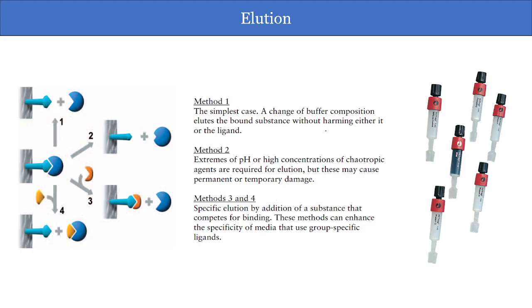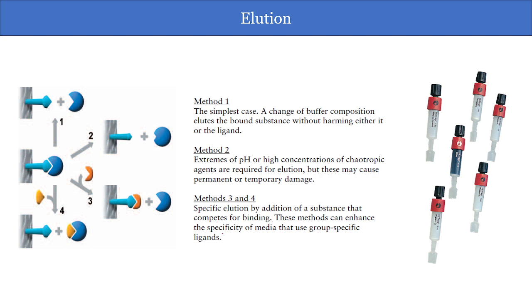The simplest case is that a change of buffer composition elutes the bound substance without harming either it or the ligand. When you change the pH, or when higher concentrations of chaotropic agents are required for elution, that may cause temporary or permanent damage. Methods 3 and 4 include a specific elution by adding a substance that competes for binding.